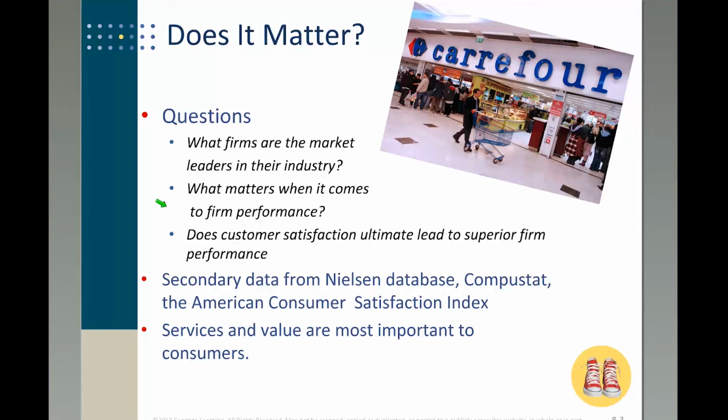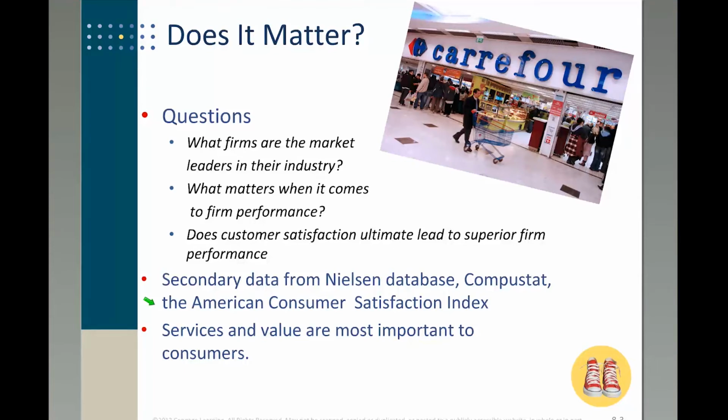And therefore, secondary data are the best choice. You can get secondary data from, for example, the Nielsen database, Compustat, that's a major business data set, and the American Customer Satisfaction Index, which provides comprehensive data on various industries and individual companies.